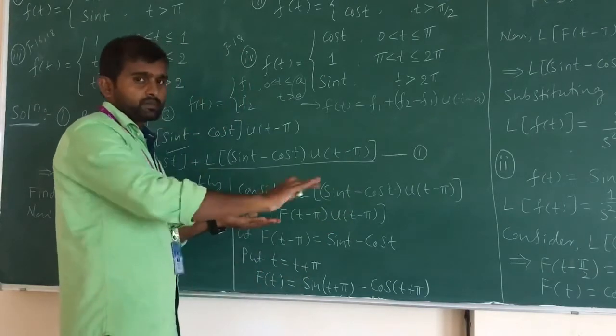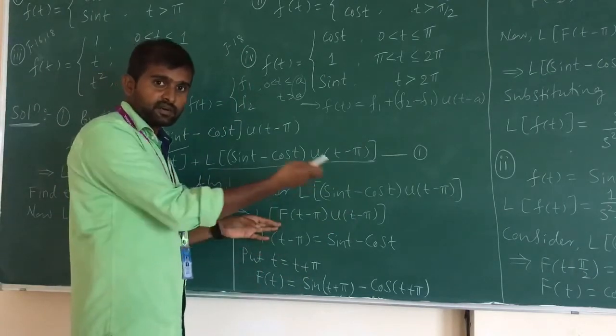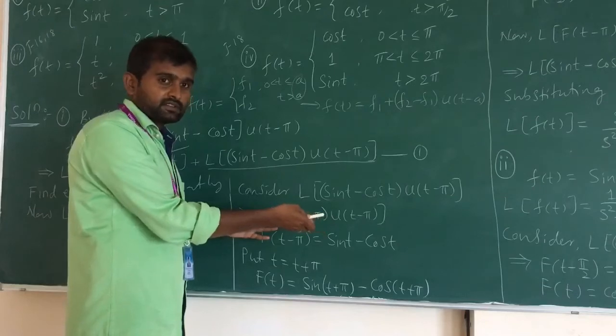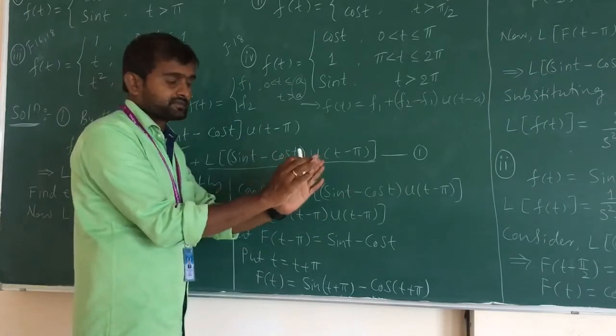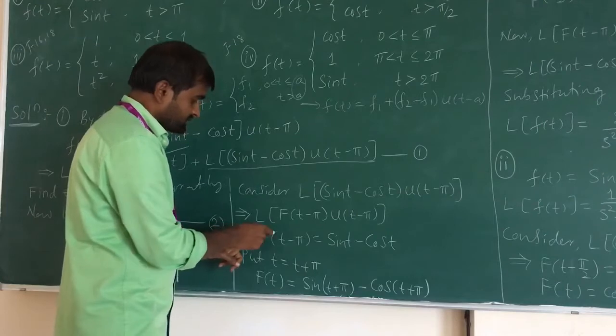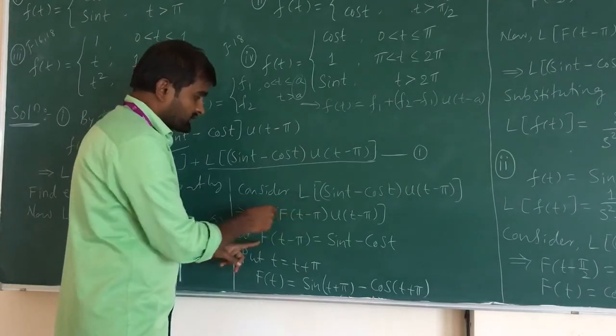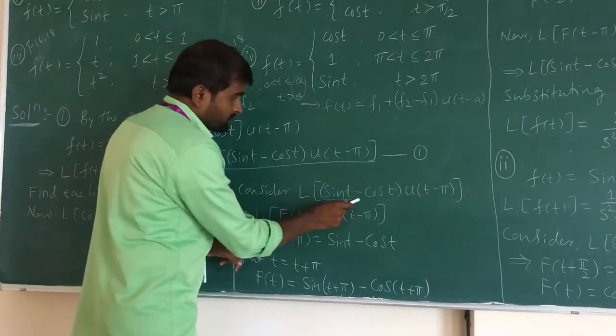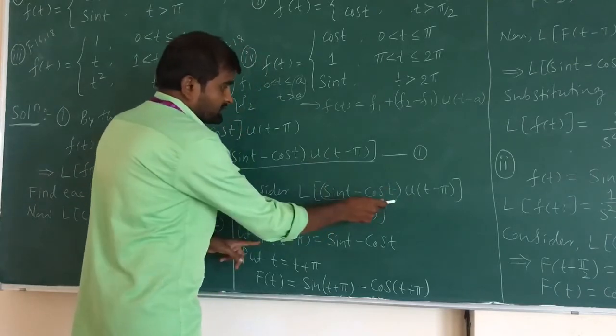Since small f is already used, I am changing the notation. If you don't want capital F, you can write g of t minus pi. It is just notation. Here, in place of f of t, we have this whole function.